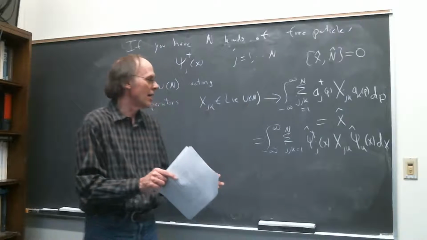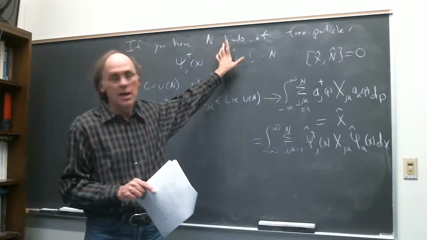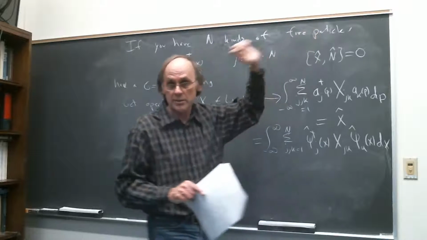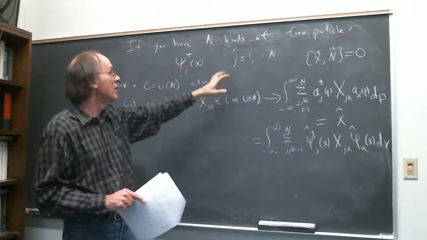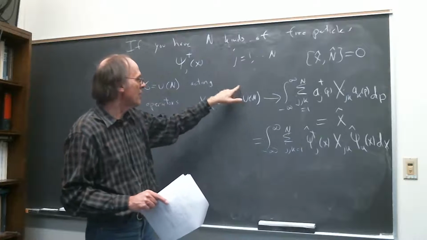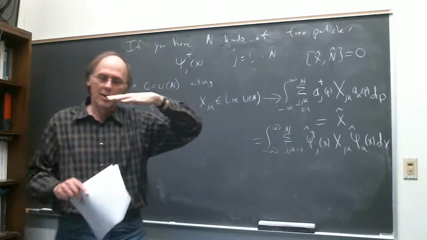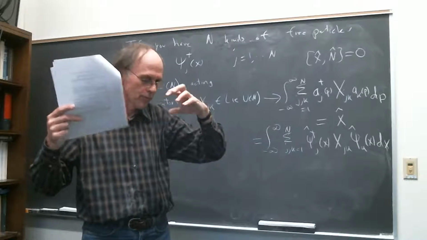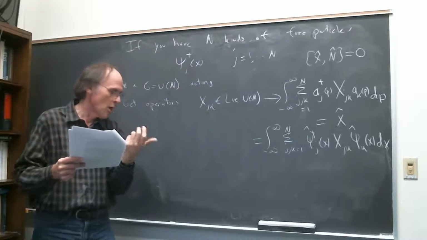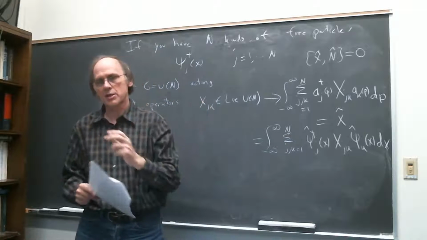If you have n kinds of free particles and you start introducing interactions between them, you're then going to have an interesting story about which of these UN symmetries are going to survive, which of them are also preserved by the interaction term.